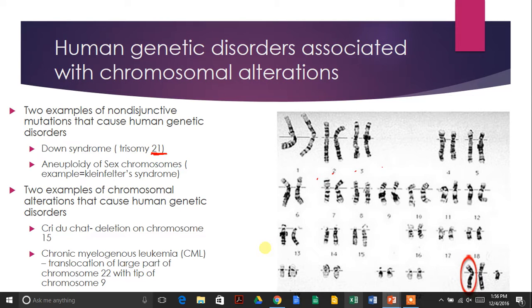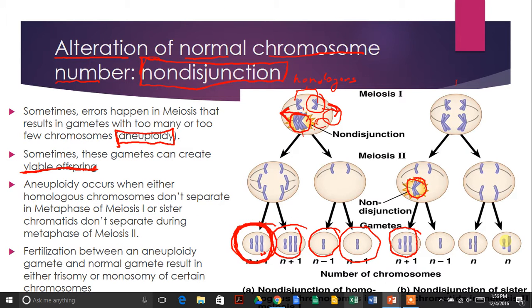In addition, there's an aneuploidy of sex chromosomes. So with some disorders, like Klinefelter syndrome, you can have too many or too few sex chromosomes. In Klinefelter's, this individual has 2 X chromosomes and a Y. How did that happen? Well, a non-disjunctive event happened here, but it was in the X chromosome.